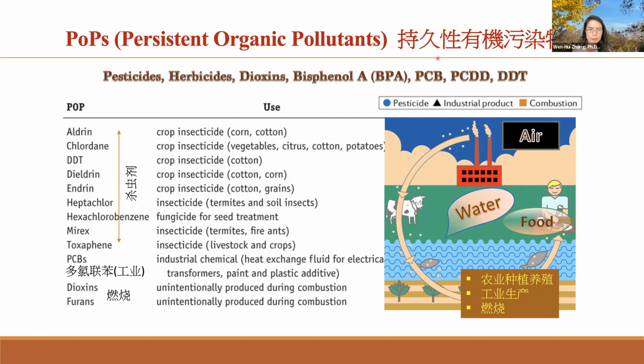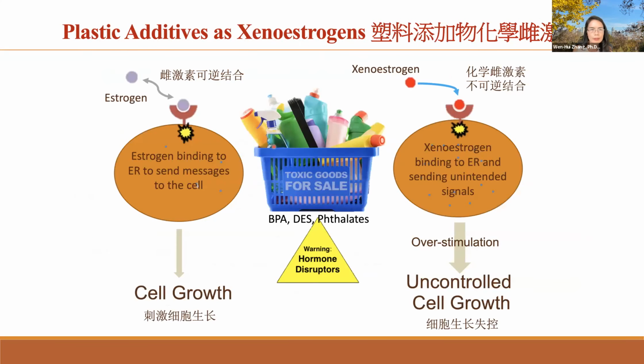So these pollutants can enter the human body through the air we breathe, the water we drink, or the food we eat. The other major type of pollutants is from plastics.